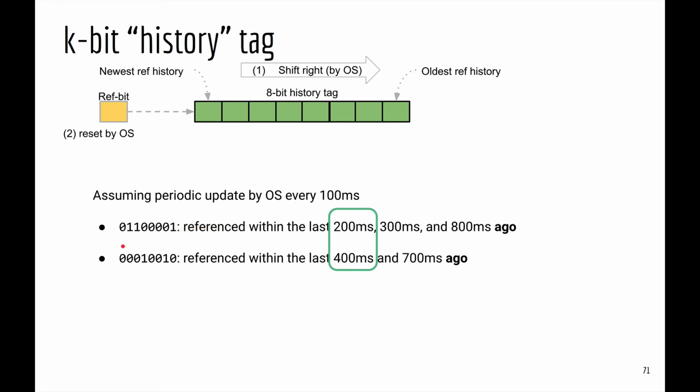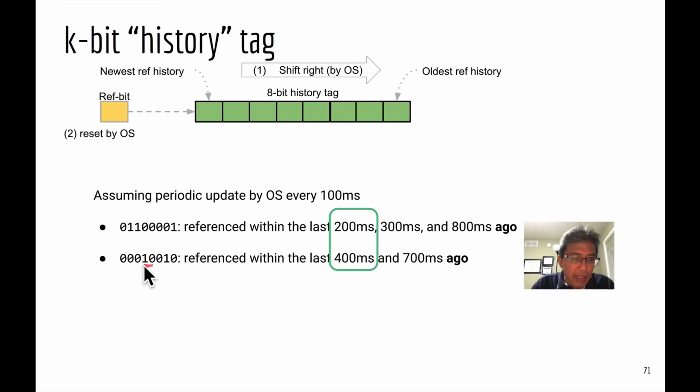Now let's compare two different values of history tags. This bit pattern tells us that the page was referenced 200 milliseconds ago, 300 milliseconds ago, and 800 milliseconds ago, and it was not referenced in the last 100 milliseconds.